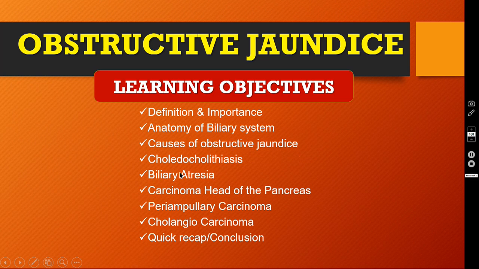I will be discussing elaborately five causes: choledocholithiasis, biliary atresia, carcinoma head of the pancreas, periampullary carcinoma, cholangiocarcinoma, and finally I will show a tabular column which is a quick recap.